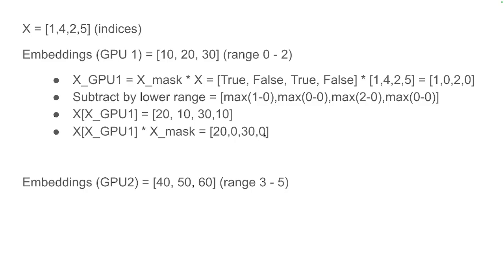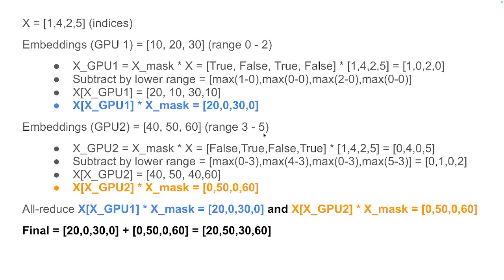Let's also go through this example for GPU 2. In GPU 2 you have these three embeddings, and your range is 3 to 5. First we create a mask. You have indices 1, 4, 2, 5. Does 1 lie in the range of 3 to 5? No, hence false.